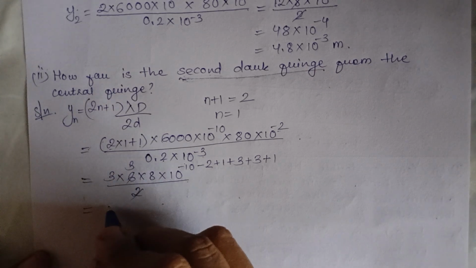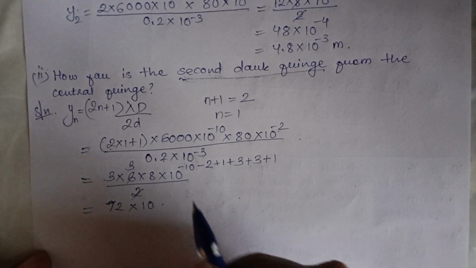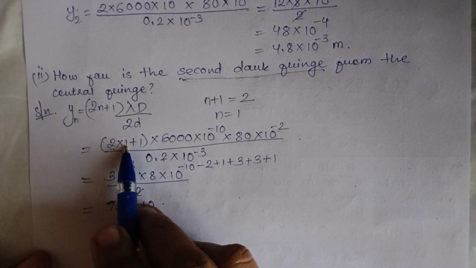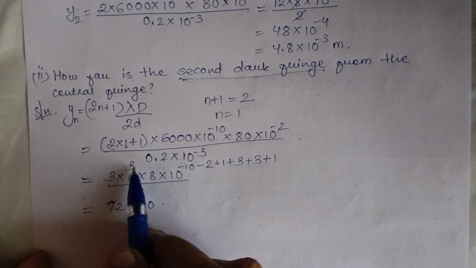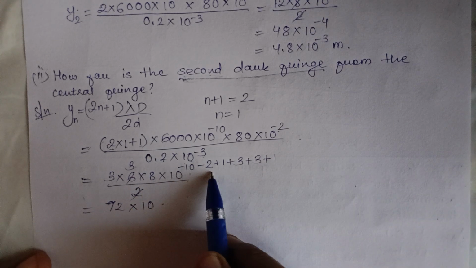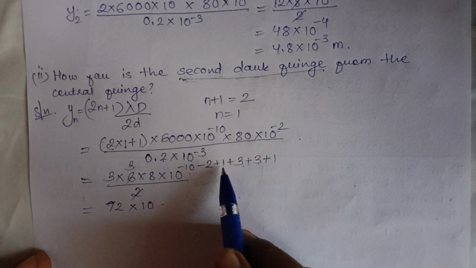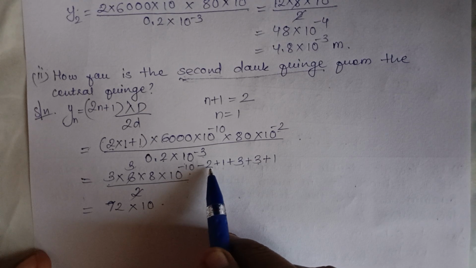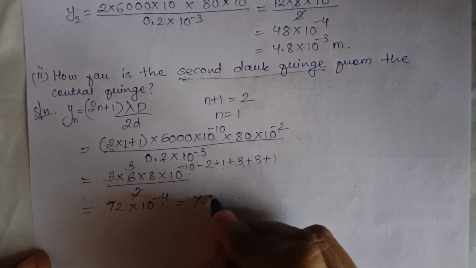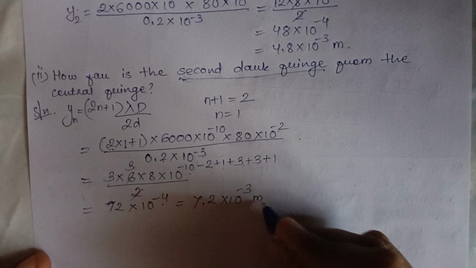Then 10 raised to minus 10 minus 2, 8, 2 minus 4, so this becomes 7.2 into 10 raised to minus 3 meter.